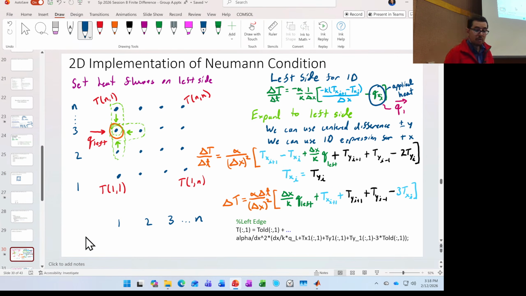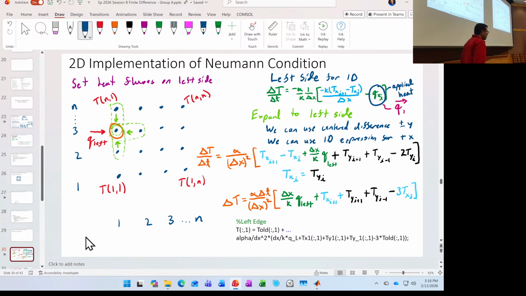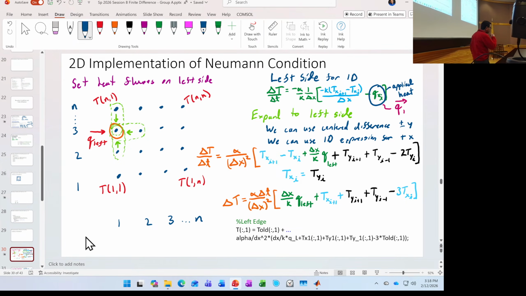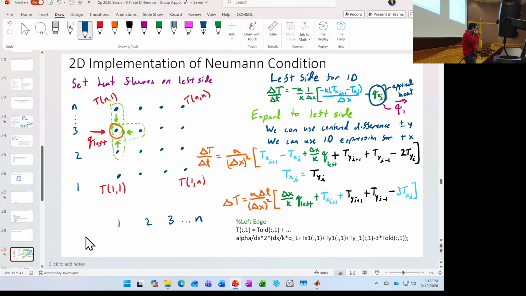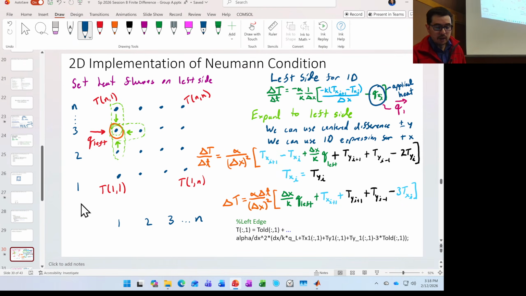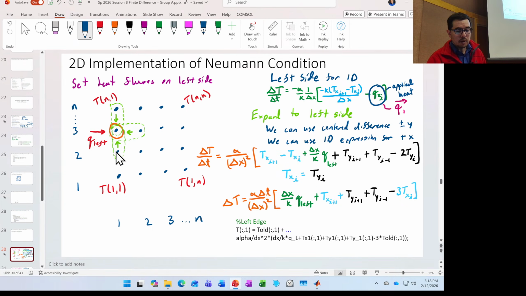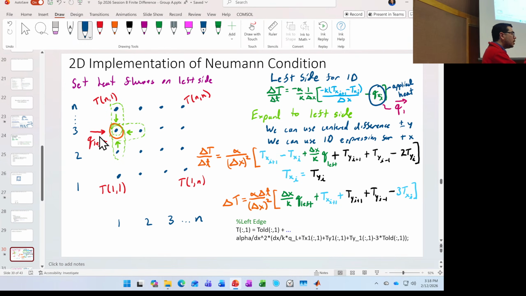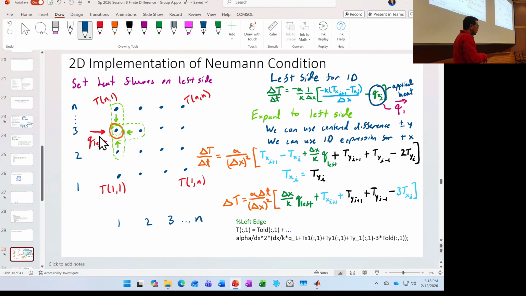So, for example, here is a 2D implementation. Okay? But here, what you see, this is how you go about calculating the flux on the left side of your system. Okay? What you have to account for are fluxes from the neighboring, not particles, but nodes, okay, to calculate what's happening. And then you would have the heat flux coming from your outside environment hitting that particular node as well.